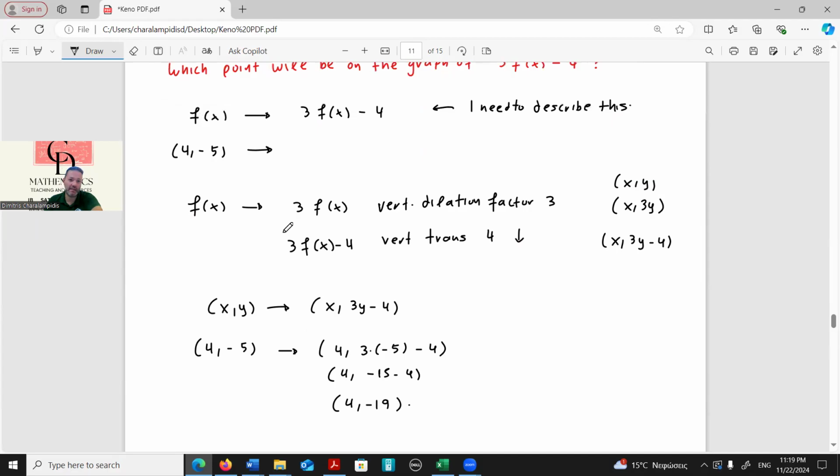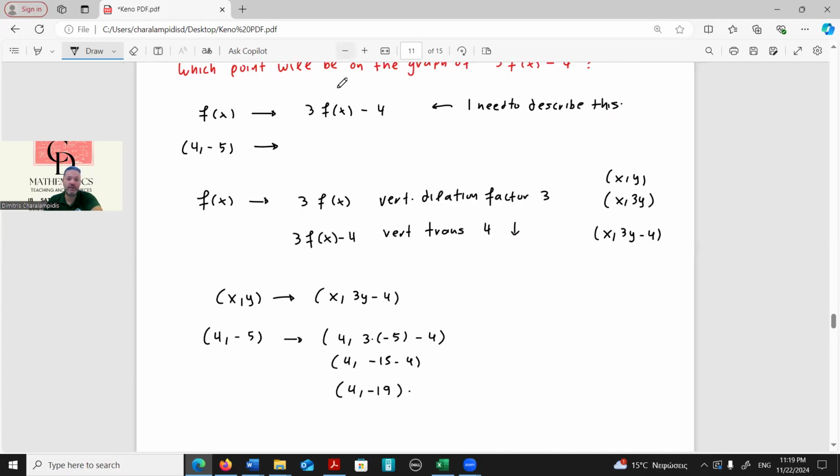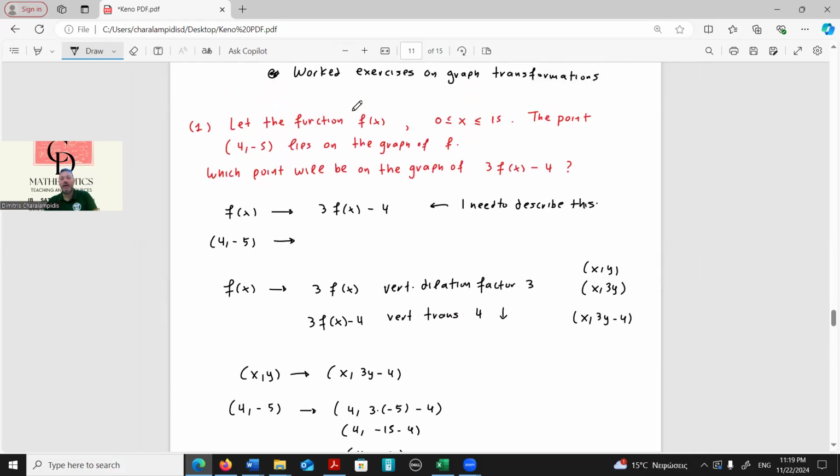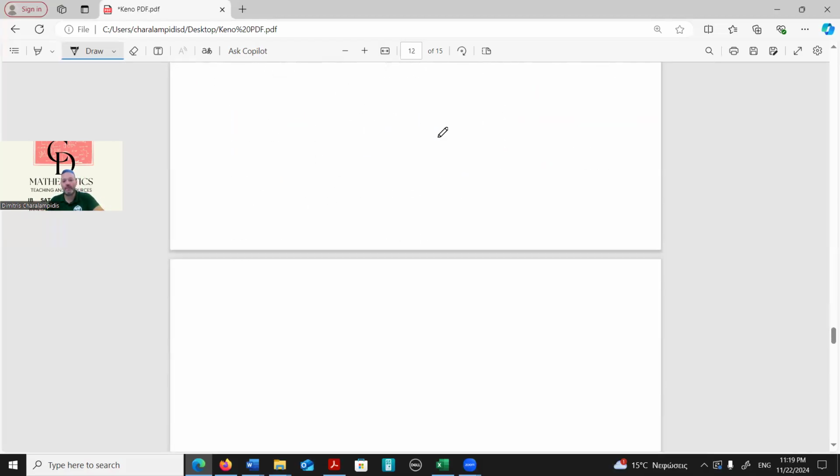So this is a typical exercise in which a transformation is given, a point on the initial graph is given, and we are asked to find the new corresponding coordinates on the new graph. We have to do the description, and based on the description, apply the instructions on the coordinates of the random point x, y.